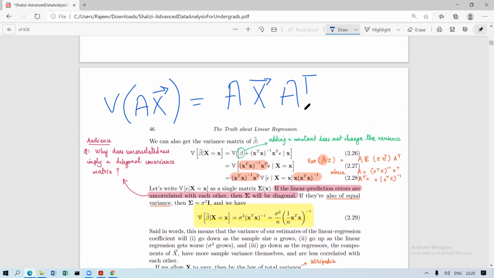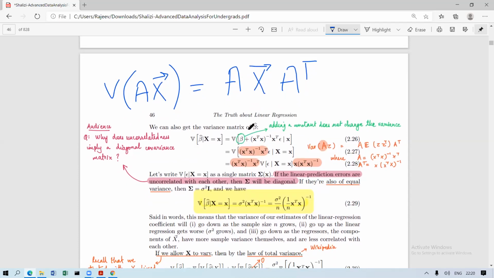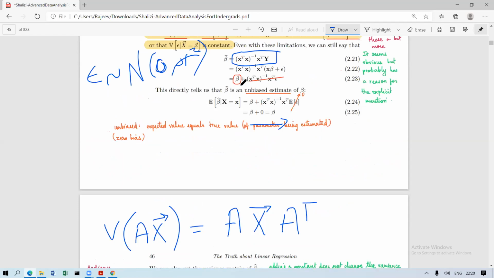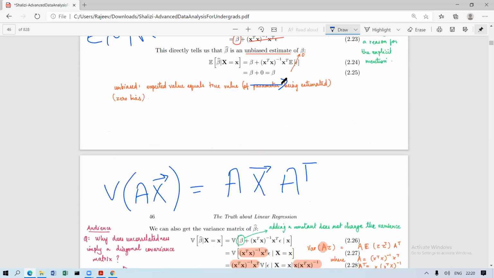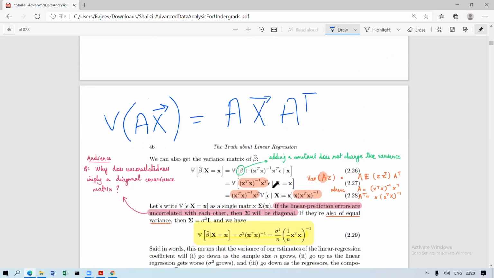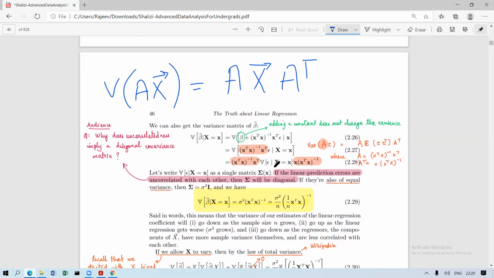In multivariate cases, he has replaced y with beta hat with this value, and beta is a constant, so you can just remove it.